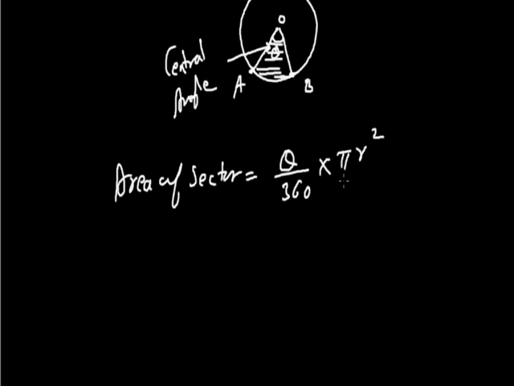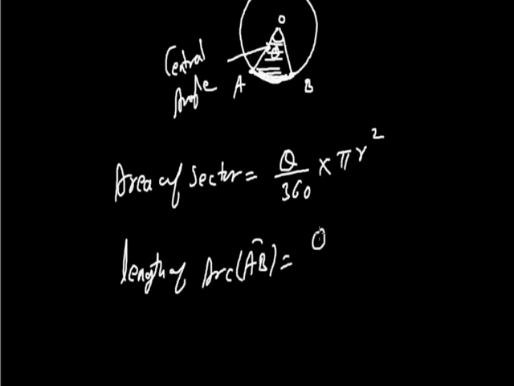Now we can also find the length of arc AB. The length of arc AB is defined as theta upon 360 times 2 pi r. This is the formula by which we can find the length of the arc.